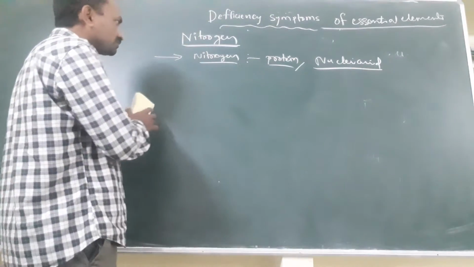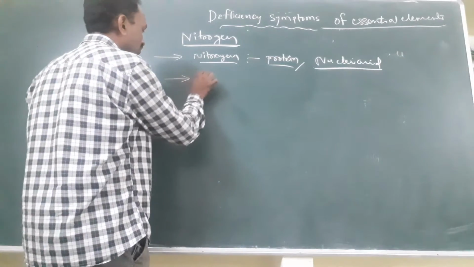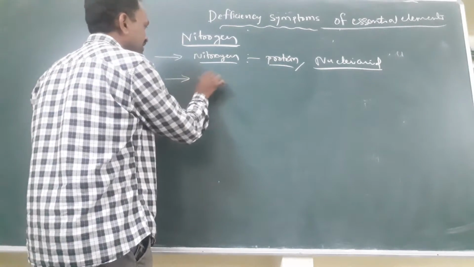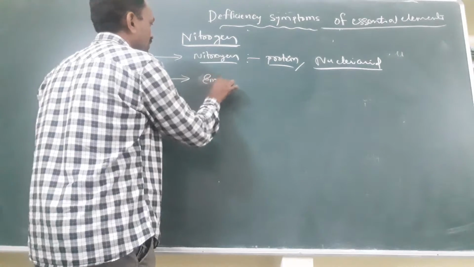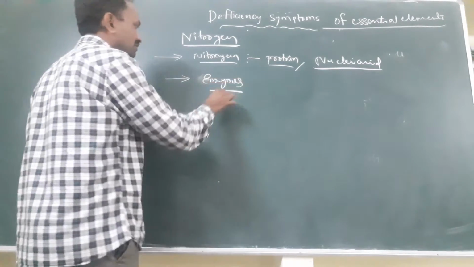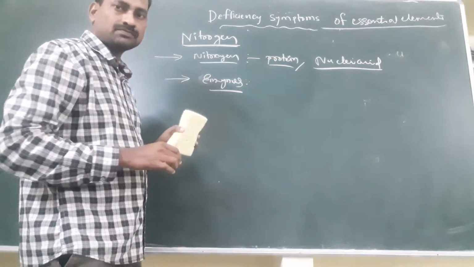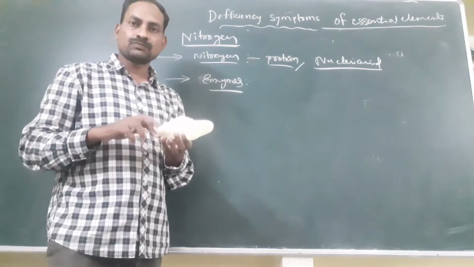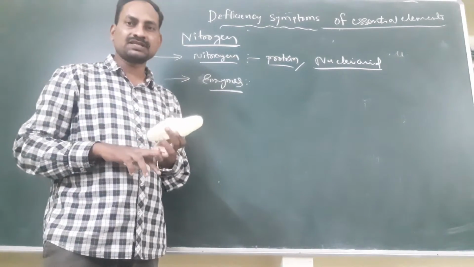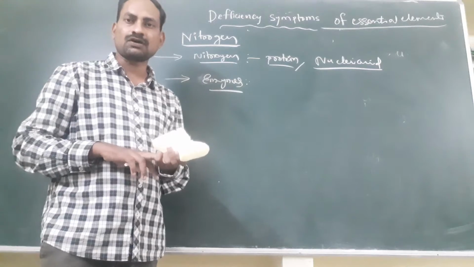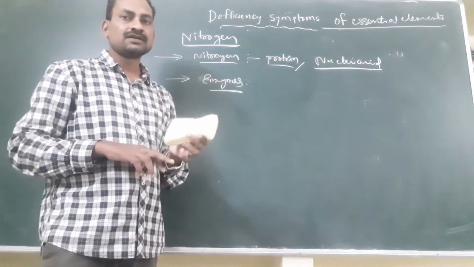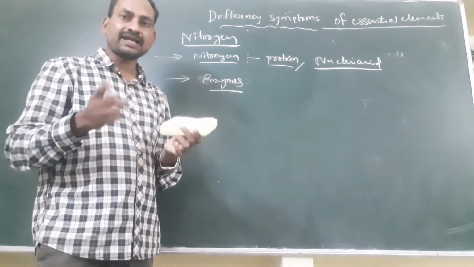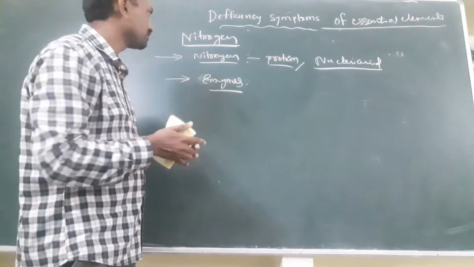So here, if you see also, there are many enzymes, like catalytic enzymes, and there are some proteins: catalytic proteins, structural proteins, carrier proteins. All these proteins require nitrogen for their synthesis.